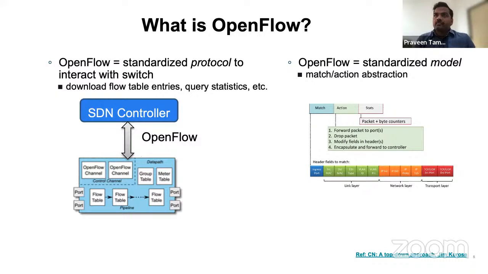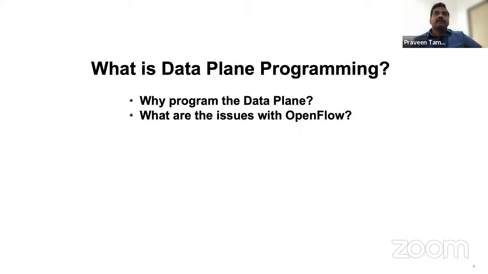For every flow rule, or flow entry, in the data plane, you can also have a byte counter to keep track of the number of packets that hit a particular flow entry, and an associated action. In today's OpenFlow, there are more than a dozen actions that include modifying packet header fields, forward, drop, or encapsulate and forward to the controller. So far so good, but why do we need data plane programming?